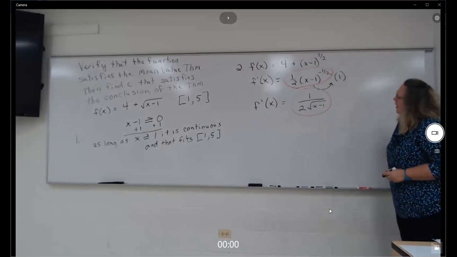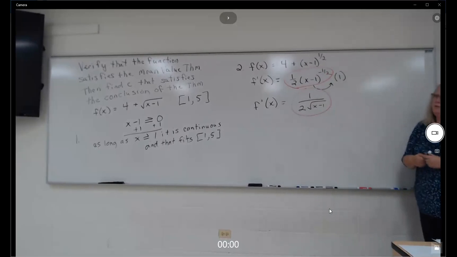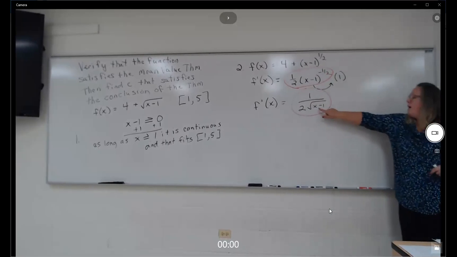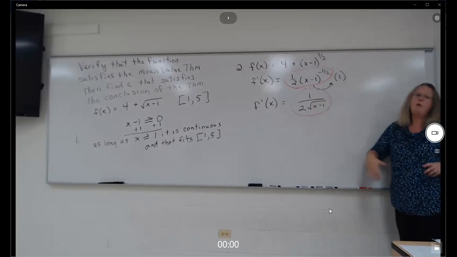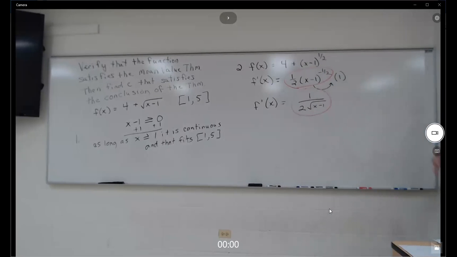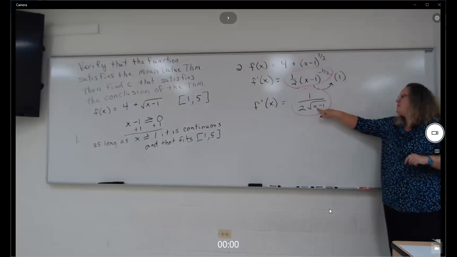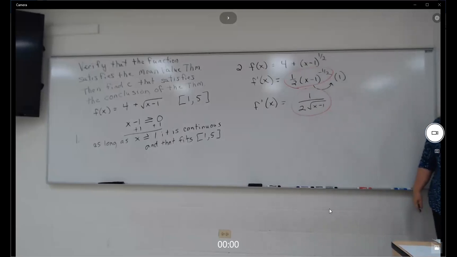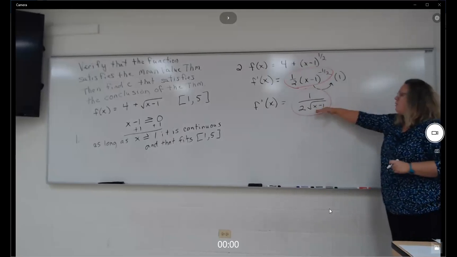Okay, so now here, we want this to always be positive, right? A square root, no matter where it is, has to be positive. But if this equals 0, is that okay? That is not okay, right? Because now we got a 0 on the bottom.